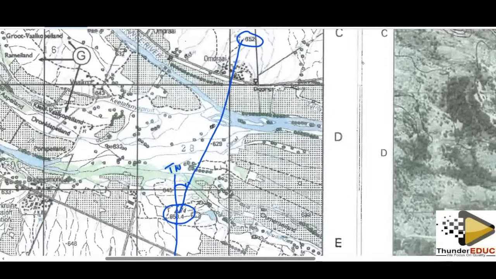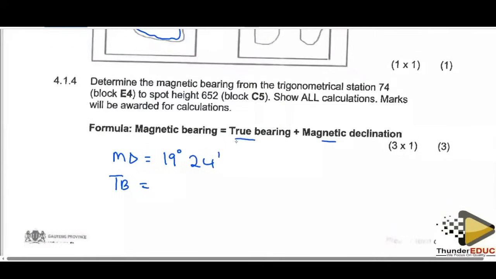Since we don't have a protractor, just try to estimate. Let's say our true bearing from here to here is 23 degrees. So we're going to come here and we say our true bearing is 23 degrees.